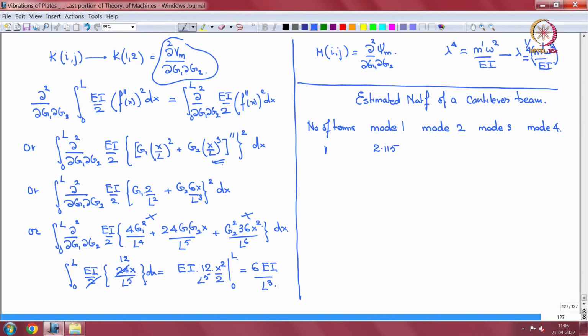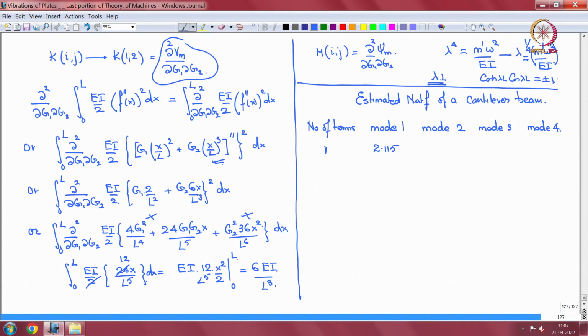We are looking at the lambda times L value. If you remember, for the cantilever beam, the characteristic equation ended up as cos hyperbolic lambda L into cos lambda L equal to plus or minus 1.